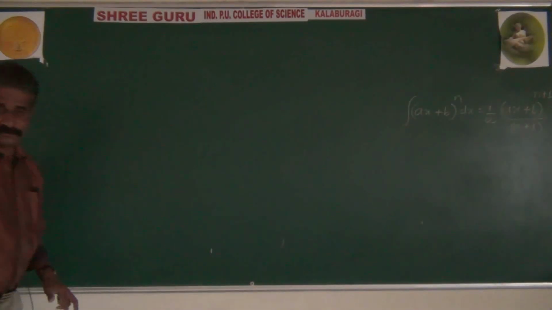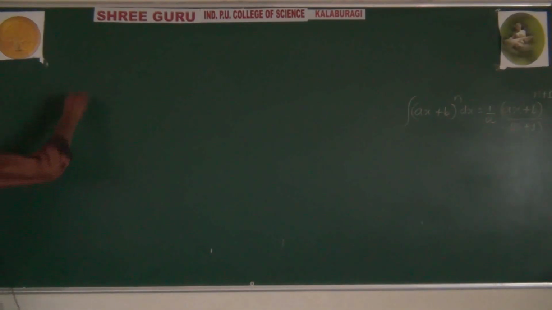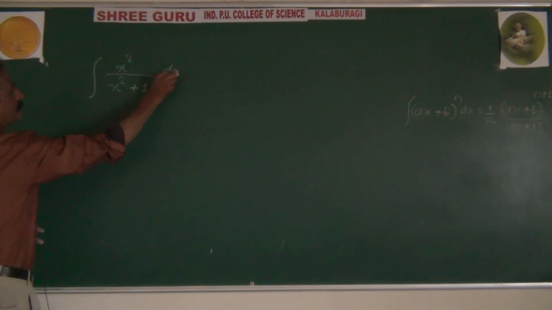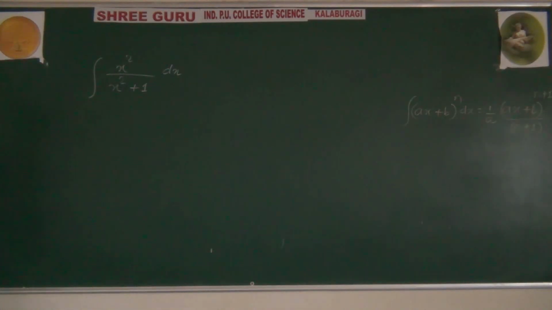Find the integration of x square divided by x square plus 1 dx. First step, take I. Let I equal the integration of x square divided by x square plus 1 dx.